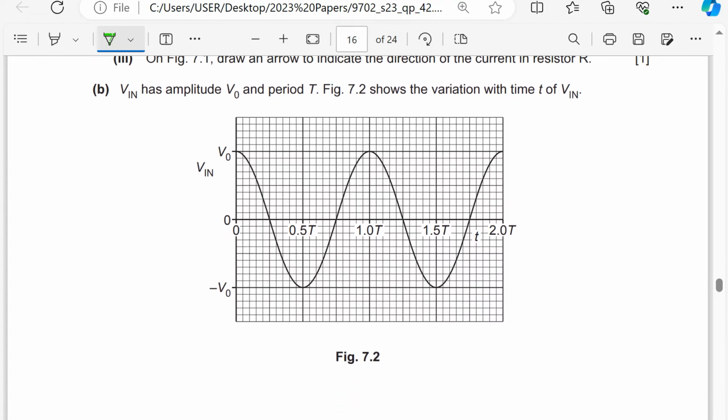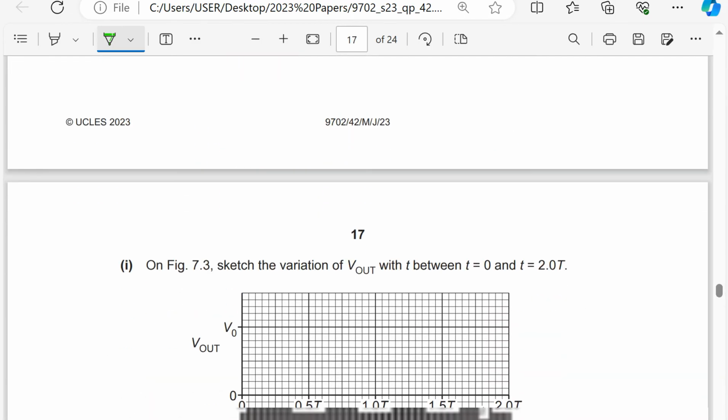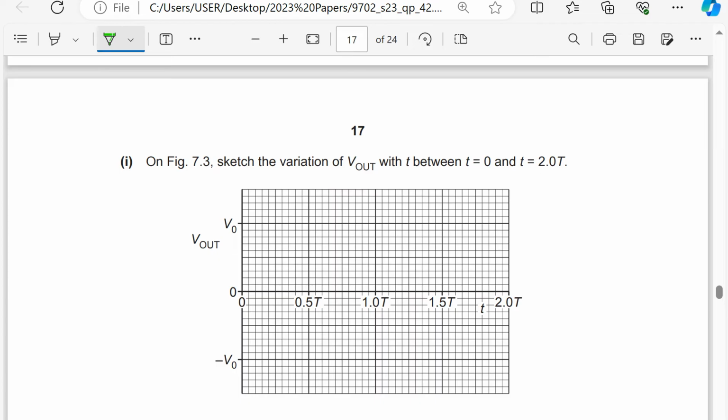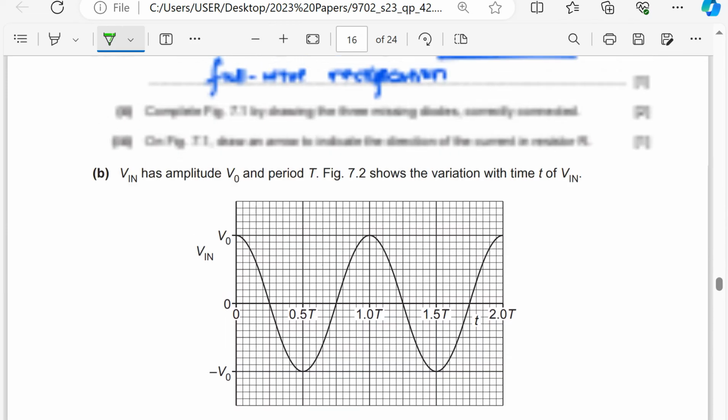The figure shows the variation with time T of V in. On the figure, sketch the variation of V out with T between T equals 0 and T equals 2.0 T. Okay, so remember this is full wave.